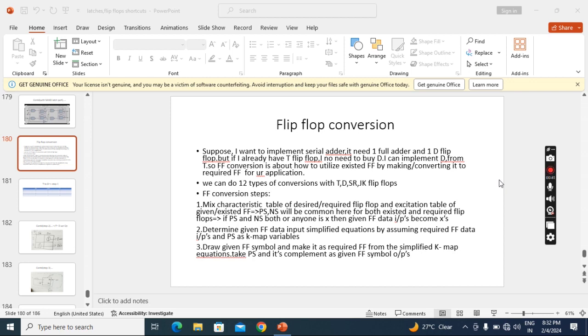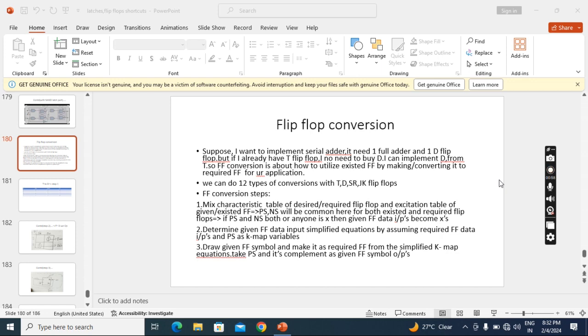I have to go and buy a D flip-flop. That is one option. And another option is, if I am able to convert or utilize that T flip-flop as a D flip-flop, then I need not buy. This is the second option.